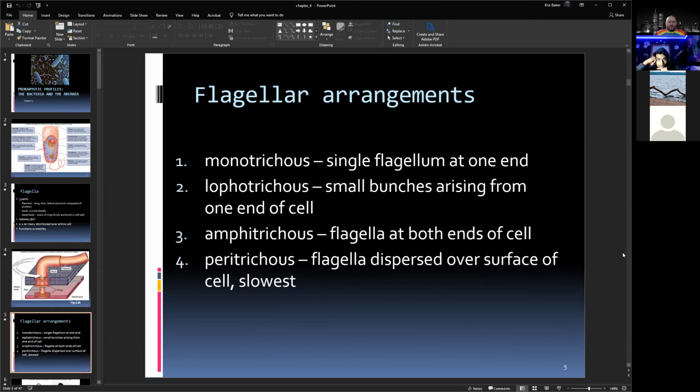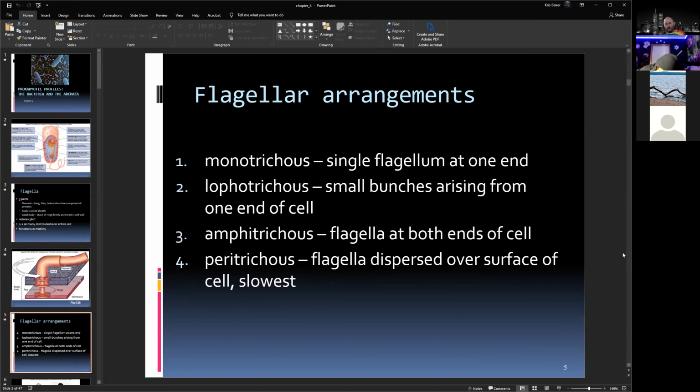And if we're thinking about words of the day, I'm almost positive it's going to be one of these, right? When you talk about flagellar arrangements, we can talk about monotrichous flagella, so basically one on one end, like you would see in a sperm. Mono meaning one.